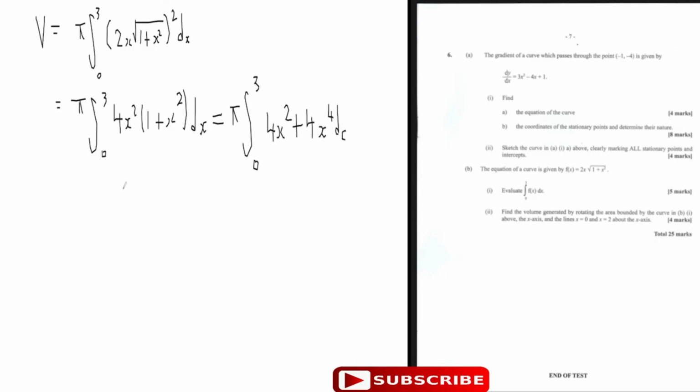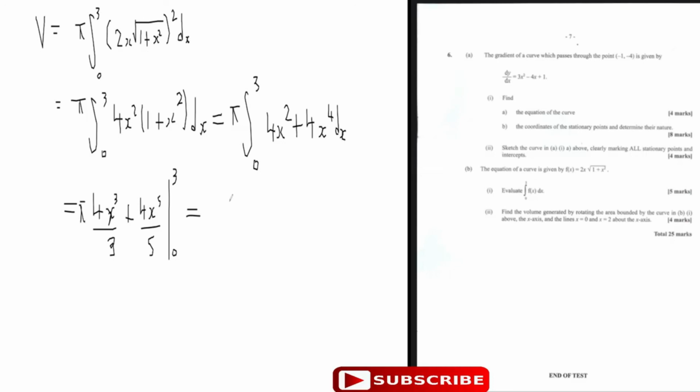Alright, now I'm able to integrate by adding 1 to the power to get 4x cubed over 3, plus, adding 1 to the power, 4x to the 5th divided by 5, and I'm integrating from 0 to 3. Remember all of this is multiplied by pi.